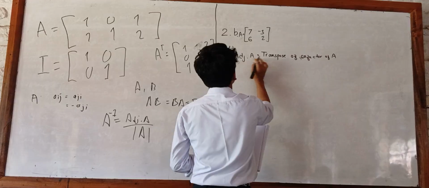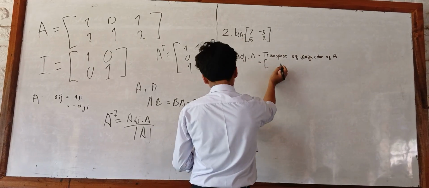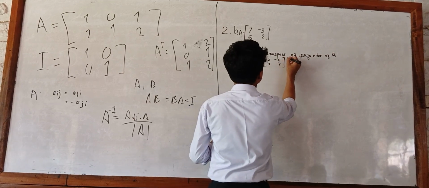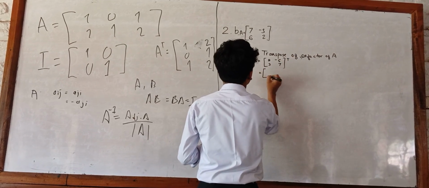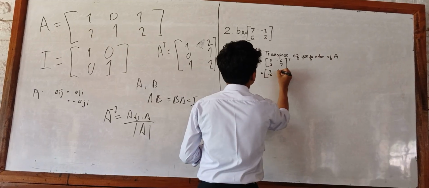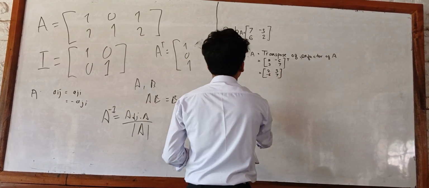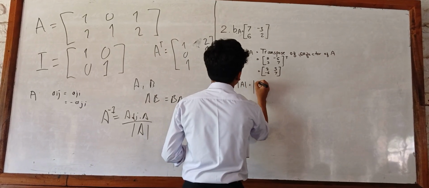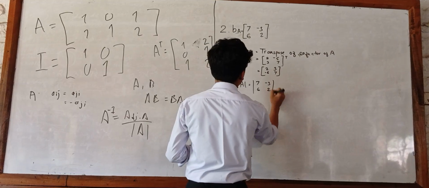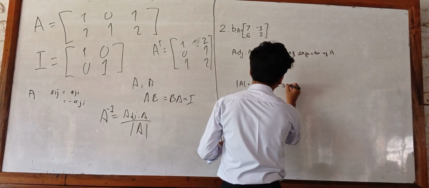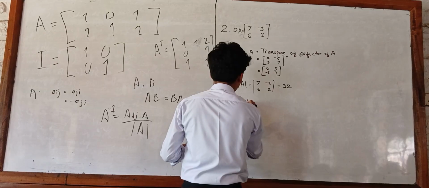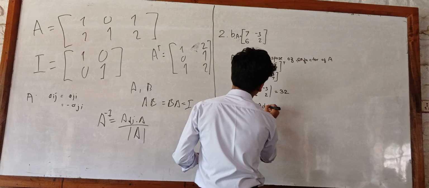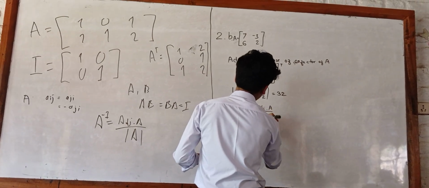So it is the formula of adjoint A. To find the inverse of the matrix, we have to divide the adjoint A by its determinant.